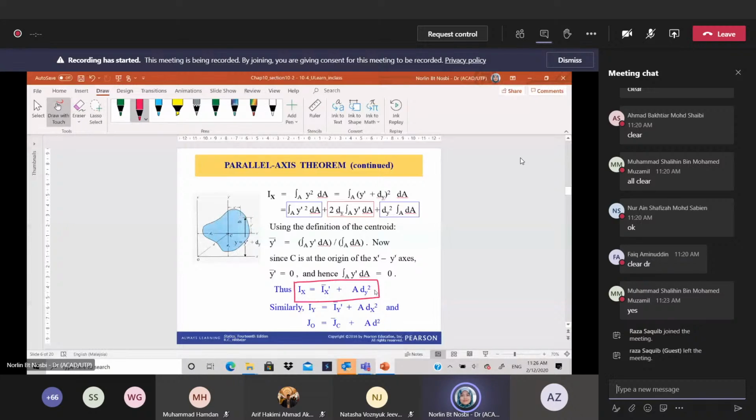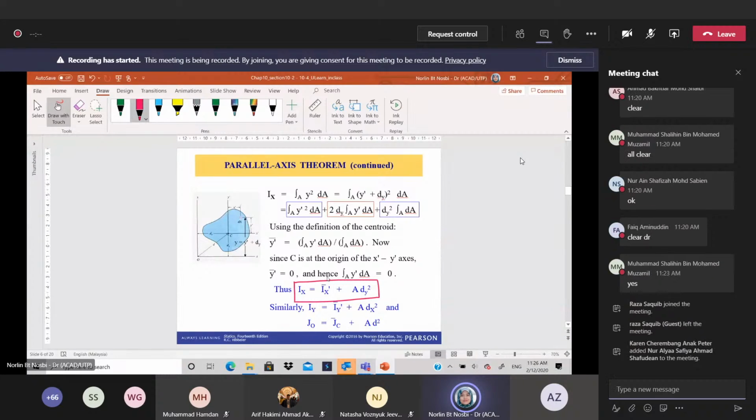What is I x bar? I x bar is about the center of gravity.